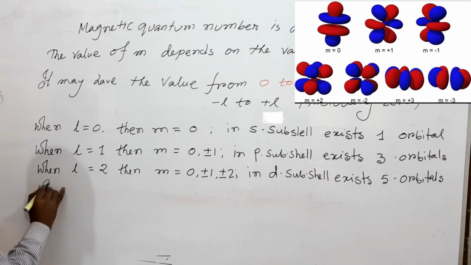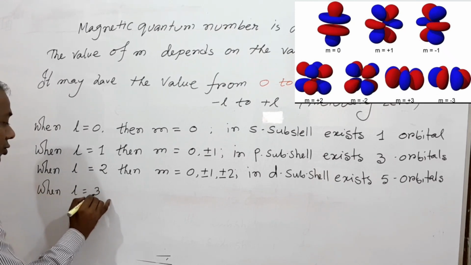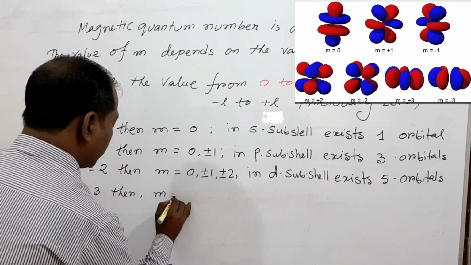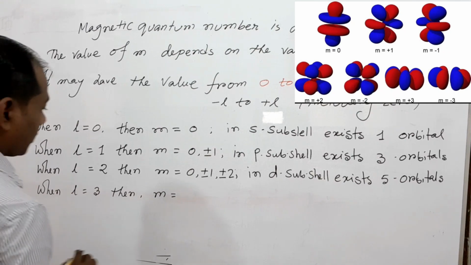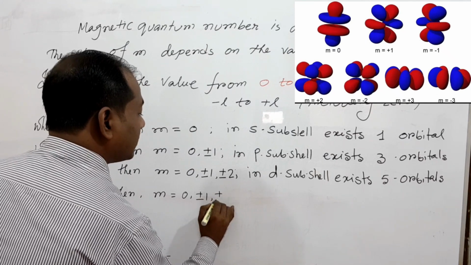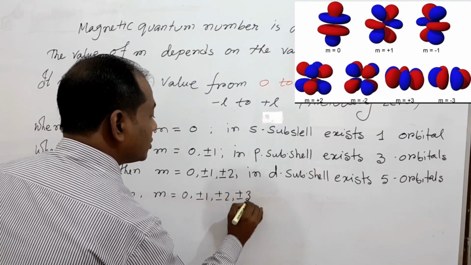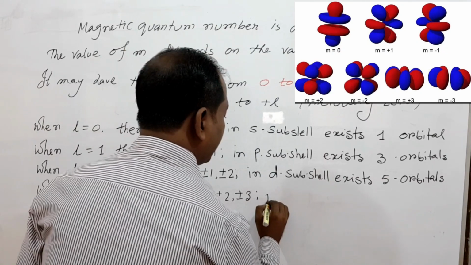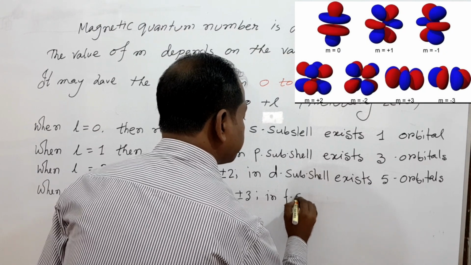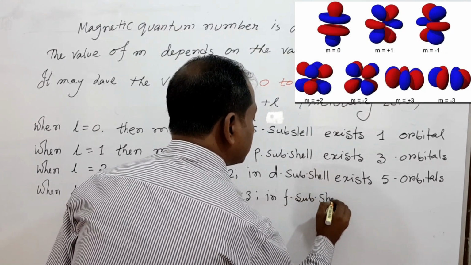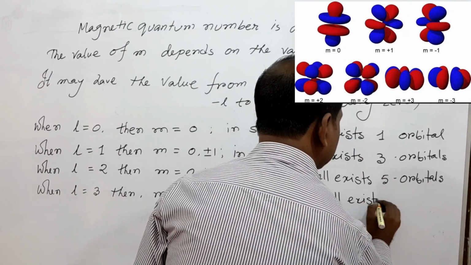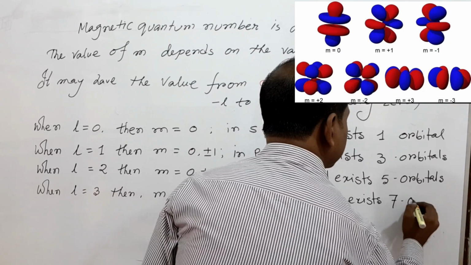And when L equal to 3, then M equal to 0 plus minus 1 plus minus 2 plus minus 3. That means in F subshell exists 7 orbitals.